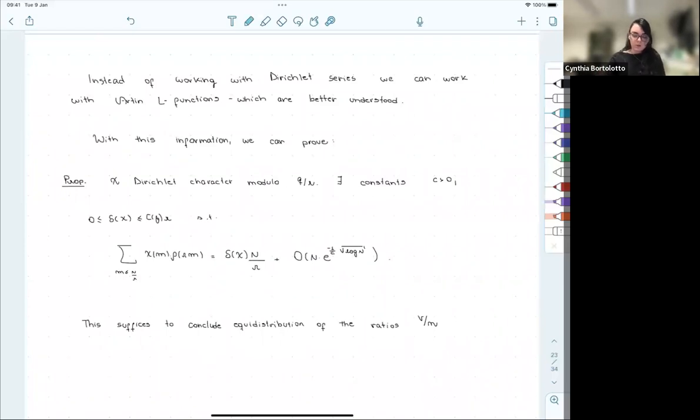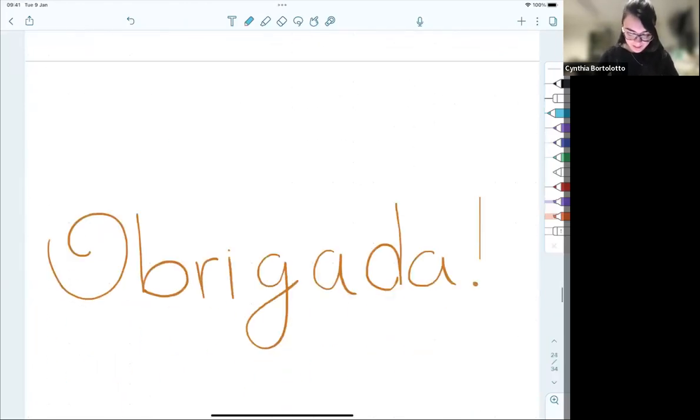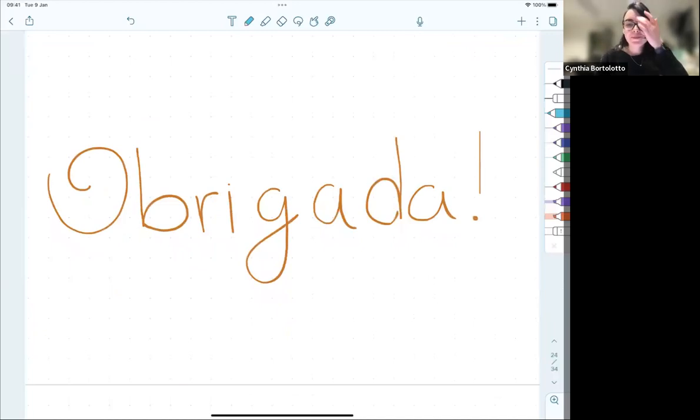But observe that this only holds in this case where our multiplicative function is counting the number of roots mod n. And then we can conclude the proof of the equidistribution theorem. Yeah, I think that's it. Thank you.